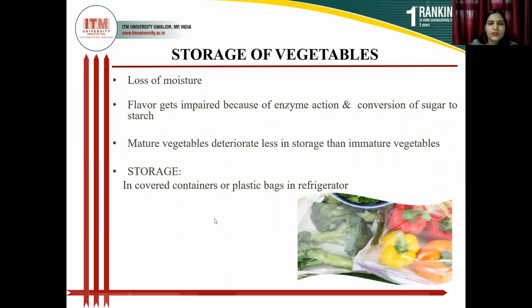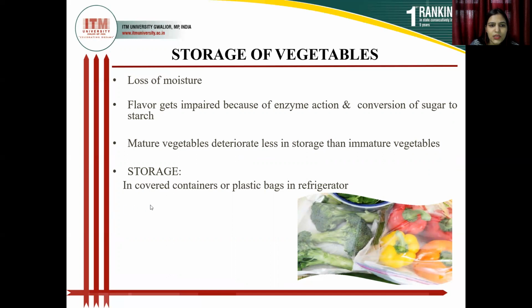Storage of vegetables. So there are losses of moisture and flavor is impaired because of enzyme action and conversion of sugar to starch. Mature vegetables deteriorate less in storage compared to immature vegetables.